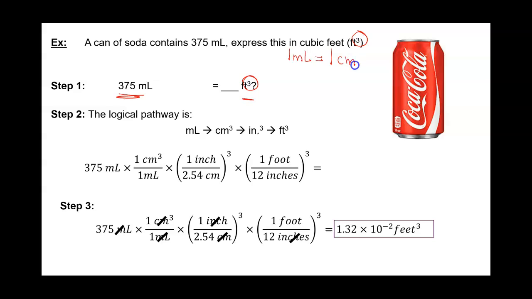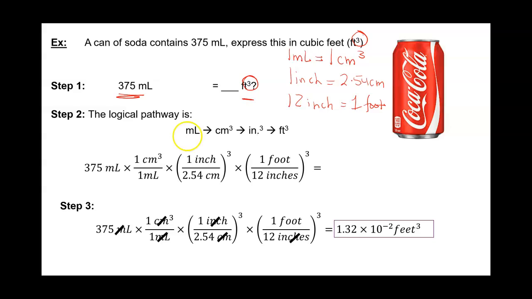I knew that 1 milliliter was equivalent to 1 centimeter cubed. I knew that 1 inch was equivalent to 2.54 centimeters, and I knew that 12 inches was equivalent to 1 foot. So that's why I chose that particular pathway.